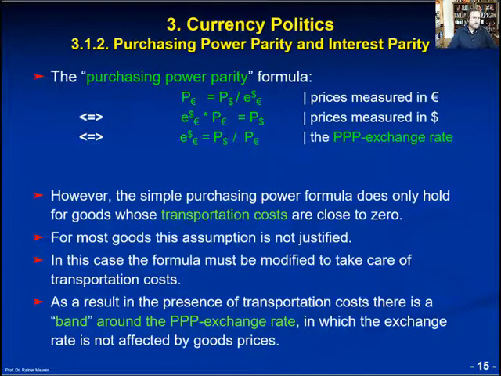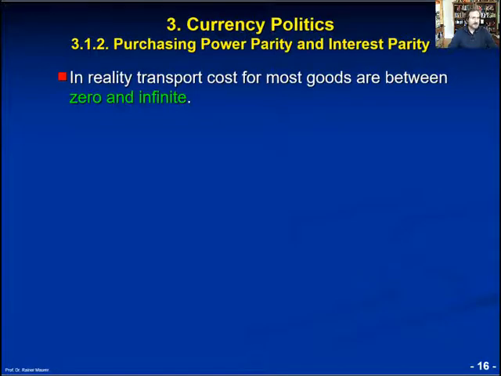As a result, in the presence of transportation costs, there is a band around the purchasing power parity exchange rate in which the exchange rate is not affected by the prices of goods. In reality, transport costs for most goods are between 0 and infinite.